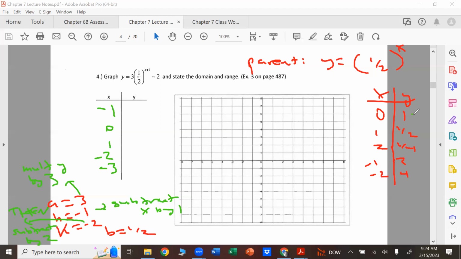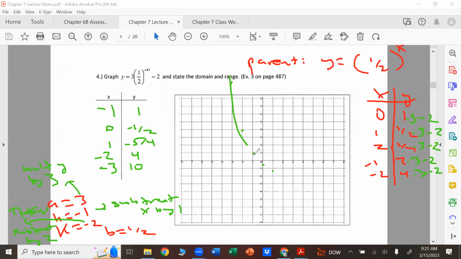So multiply by 3, subtract 2. I'll get 1, -1/2. Careful there. -5/4, I think. 4 and 10. So it's going to be way up here for -3, 10; -2, 4; -1, 1; 0, -1/2; and 1, -5/4.